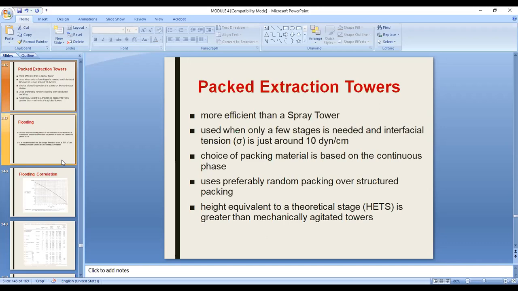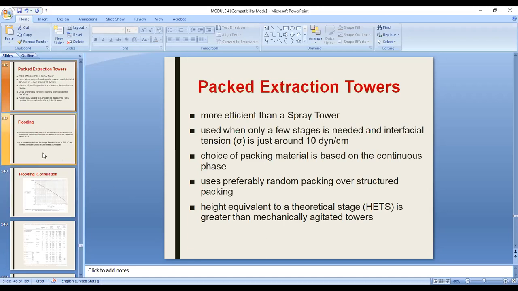We can also have packed towers in distillation. So in here, in packed extraction towers, the random packing materials are preferred. Now, the height equivalent to a theoretical stage, equivalent to the HETP in gas absorption, is greater than mechanically agitated towers. So if you have a mechanically agitated tower used for extraction, its HETS is smaller compared to the HETS that you'll be getting from packed extraction tower.